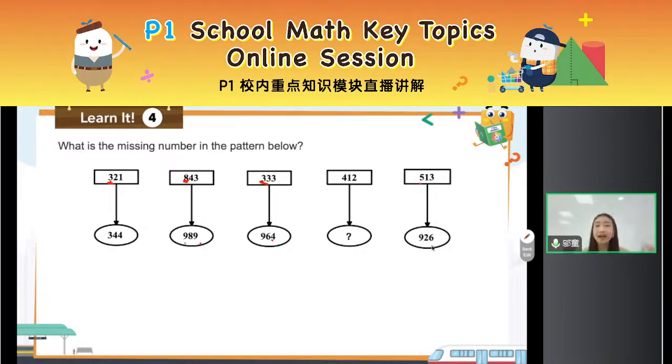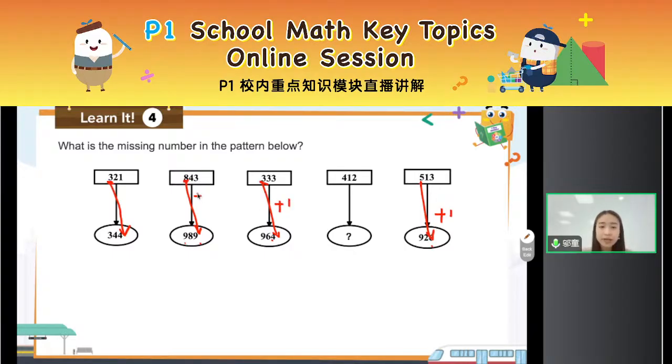What do you realize? Actually, the upper one's hundreds place has a relationship with the below one's place. Oh, but how? Yes, every time the hundreds place plus 1 can help you get the ones place below.